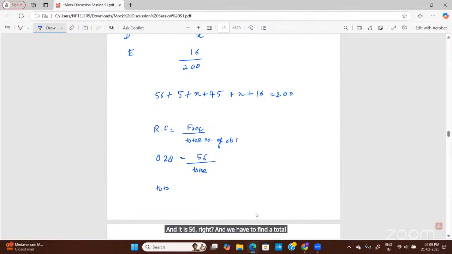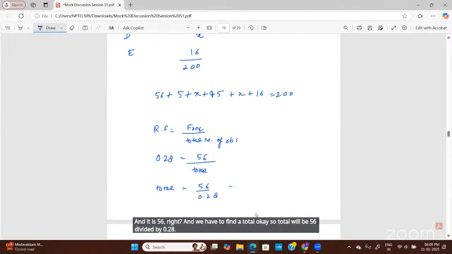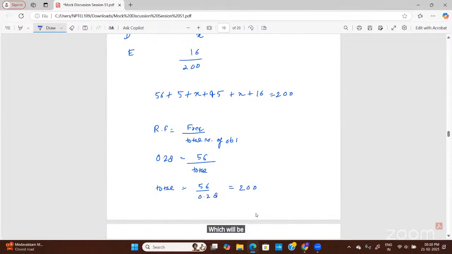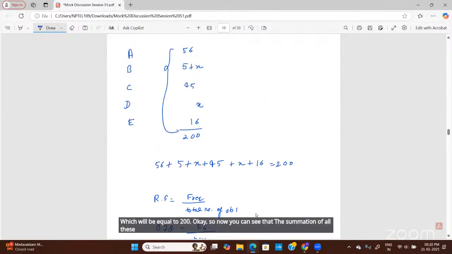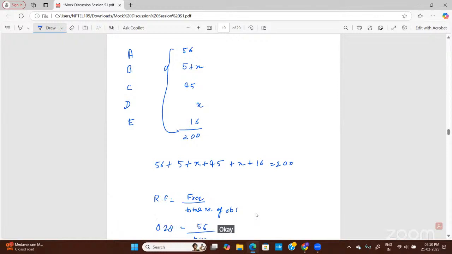So the total will be 56 divided by 0.28, which is equal to 200. Now you can see that the summation of all these will be equal to 200. Is it clear? Yes, ma'am. So from here you can find the value of X. What will be the value of X?